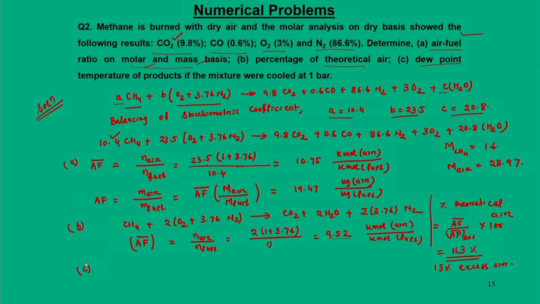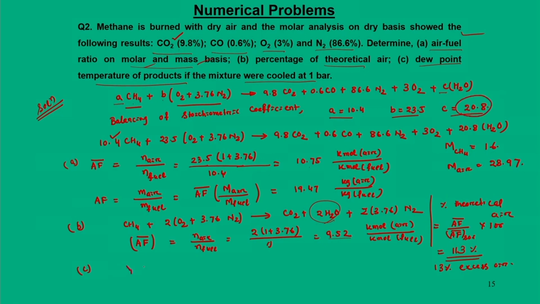Third point is to calculate the dew point temperature of the products if the mixture were cooled at 1 bar. So, basically the water in the products is forming dew. What is the mole fraction of this? We can say water is available as a component with stoichiometric coefficient 20.8.